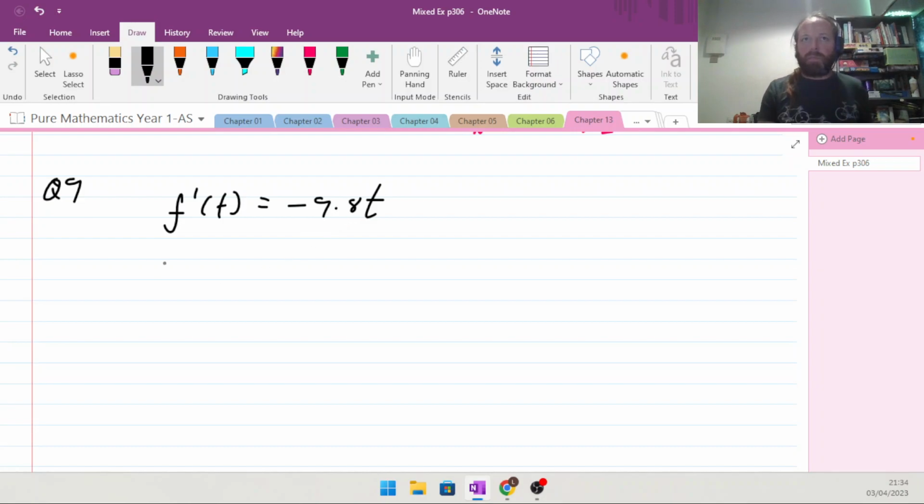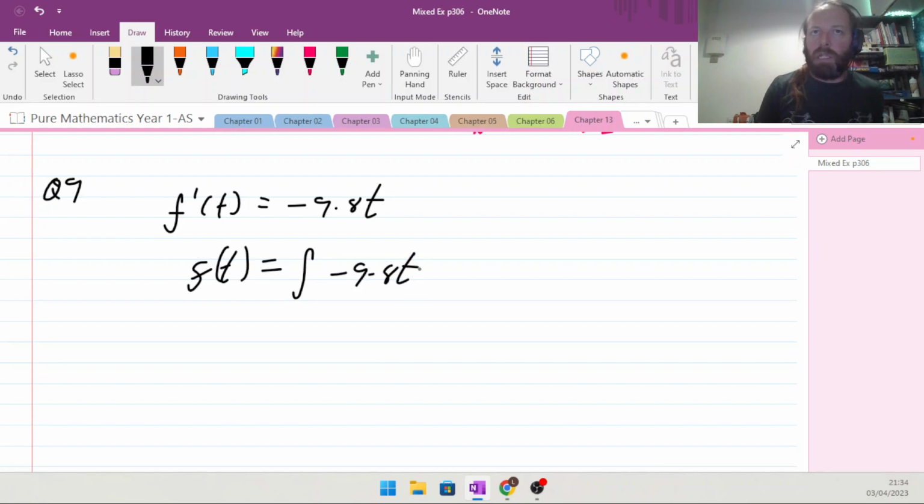So if we do the integral of this, we will get f of t, and that will be equal to the integral of minus 9.8 t, which will equal minus 9.8 t squared divided by the new power plus c.